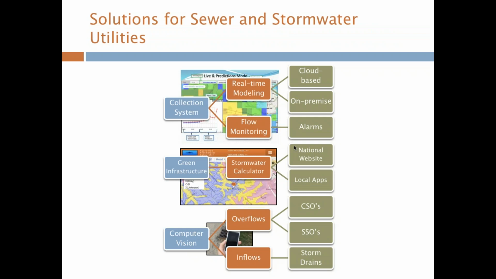On the collection systems, instead of continually calibrating the sewer model separately, you can actually connect that sewer system data, given that flow monitoring through some of the smart newer technologies is becoming more common. You can start looking at the data from the SCADA system.